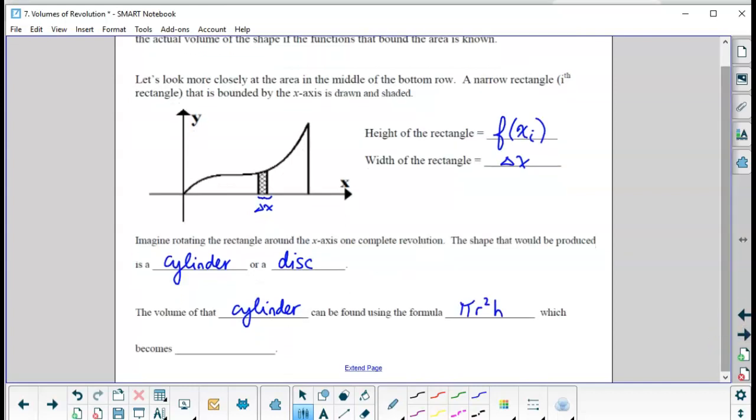So in this case, what's our radius? Our radius of the cylinder is really the height of the rectangle, so it's going to be pi times f of x i squared, and then the actual height of the cylinder, so think of it on its side, is the width of the rectangle, delta x.